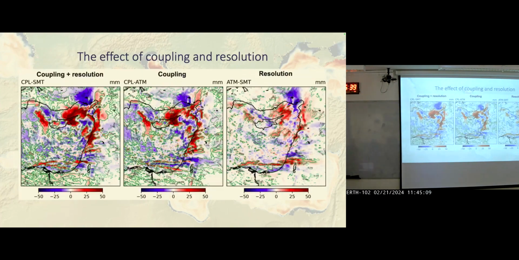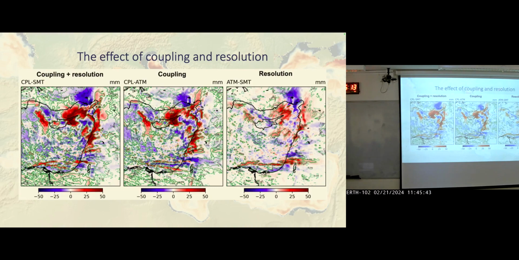The simulation that I did, the SMT, is two things together, coupling and resolution, and I also wanted to separate the two effects. So what I did was to run another atmosphere-only simulation, but in this case I didn't apply the spatial box filter. So CPL minus ATM is basically the effect of coupling, and ATM minus SMT is the effect of resolution to first order.